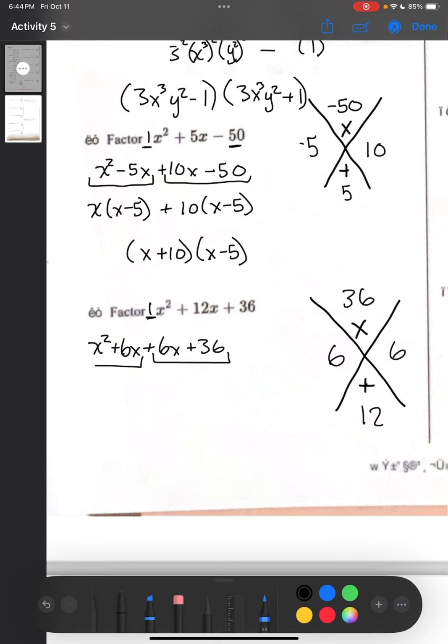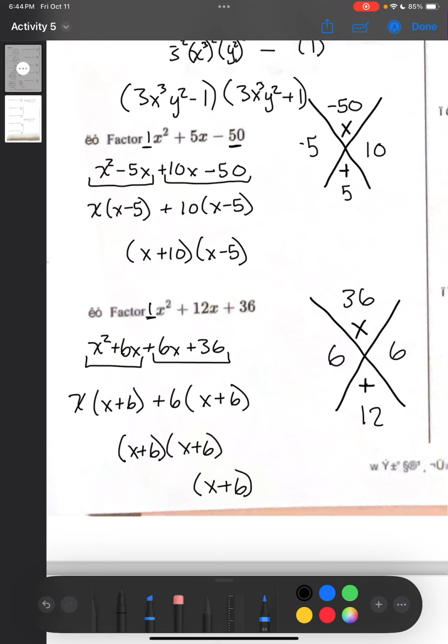Again, grouping occurs where you bring out an x times x plus 6, plus bring out the 6 on that second one, x plus 6, which gets you x plus 6 times x plus 6, or you can also write this as x plus 6 squared.